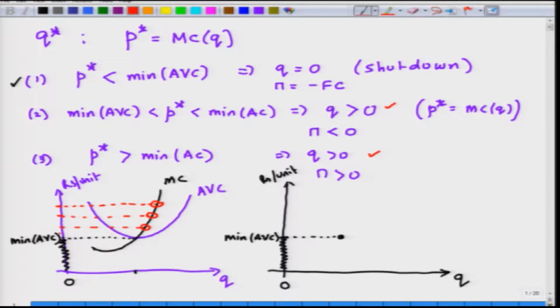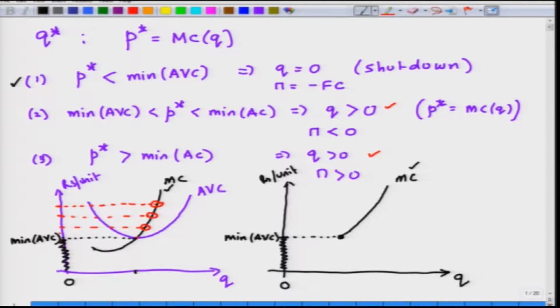So, essentially we have this sequence of quantities which can be read out. That is essentially saying that if we pull out this portion of the marginal cost curve above the minimum average variable cost, we would get the entire supply curve of a perfectly competitive firm.